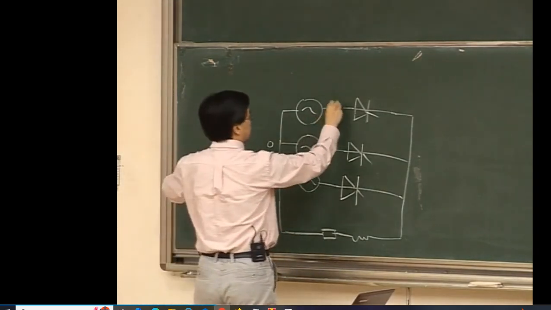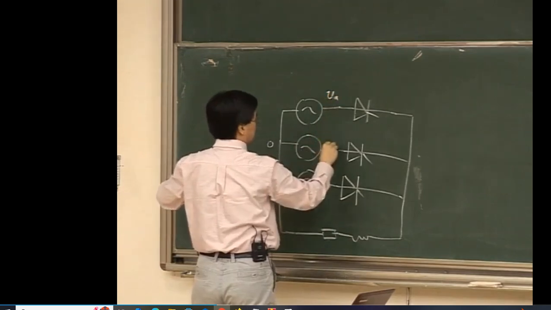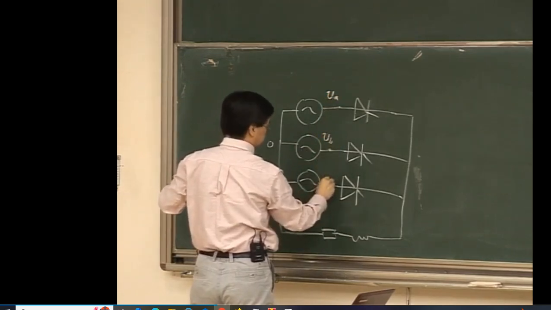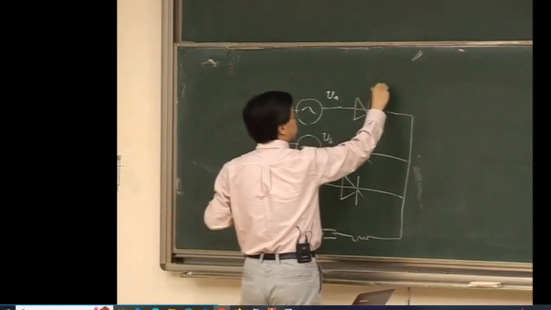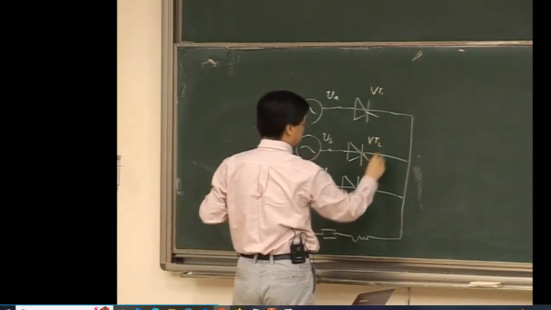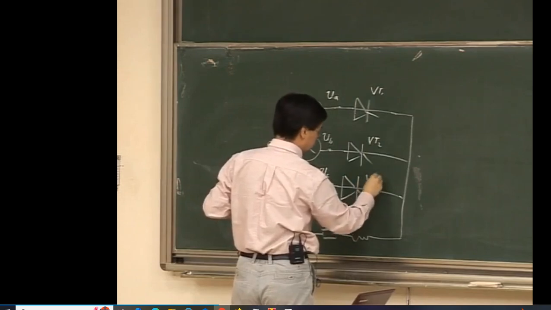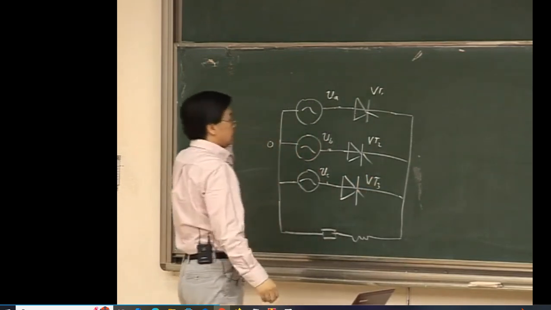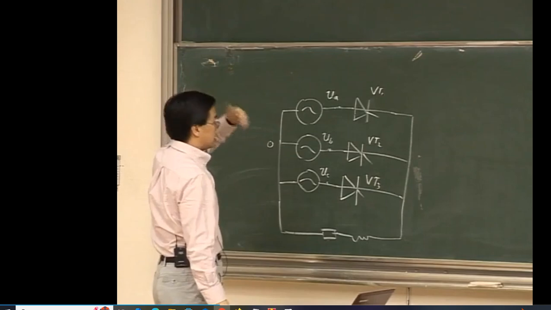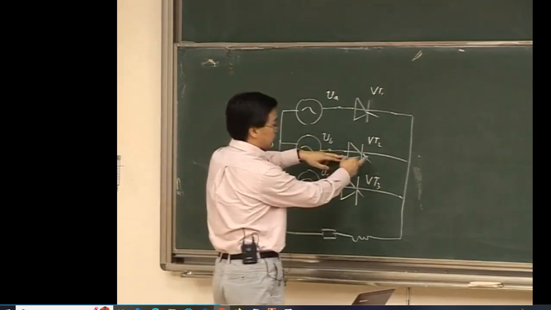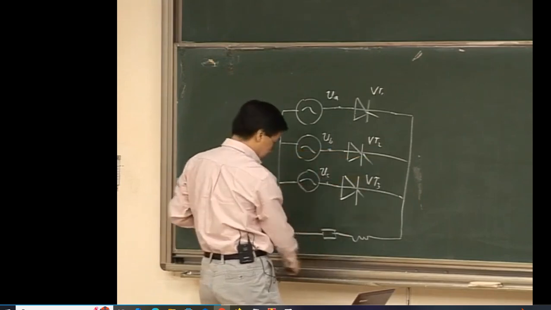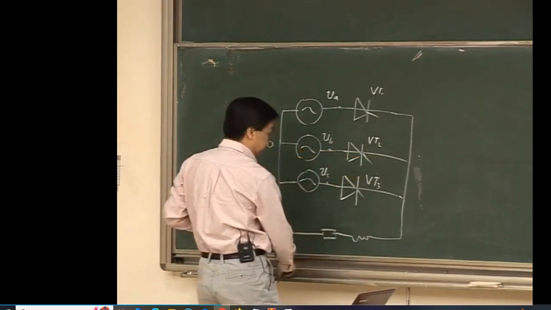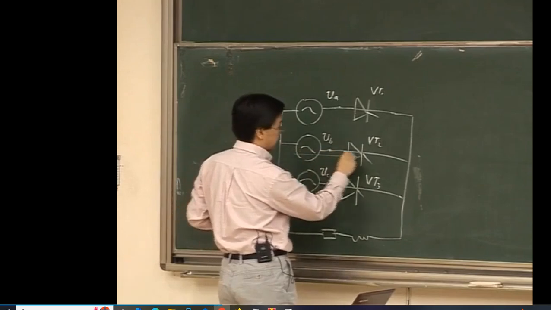You have the labels here: UA, UB, UC, VT1, VT2, VT3. Now let's see what happens when you trigger VT2. Previously, the current is flowing like this.